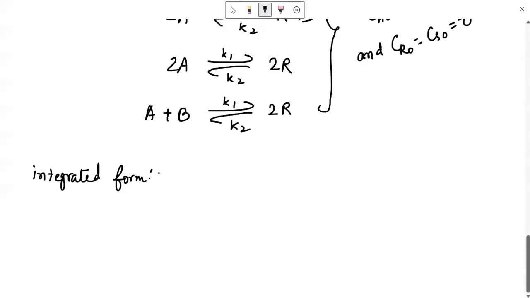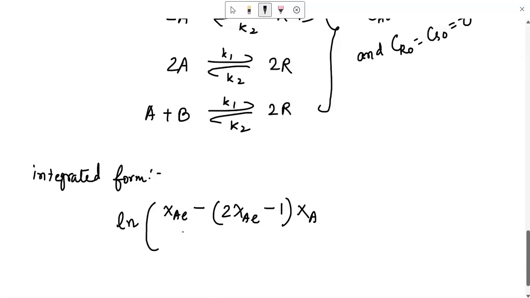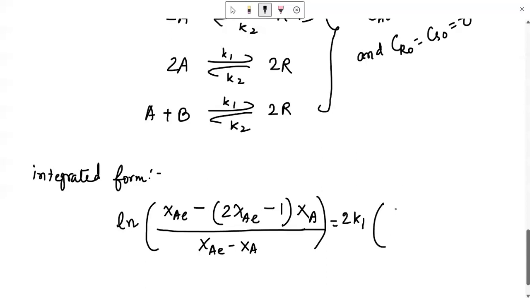I am not writing the rate equations here. So it will be ln of xae minus 2xae minus 1 multiplied by xa, divided by xae minus xa, equals 2k1 multiplied by 1 minus xae minus 1 multiplied by ca0t.